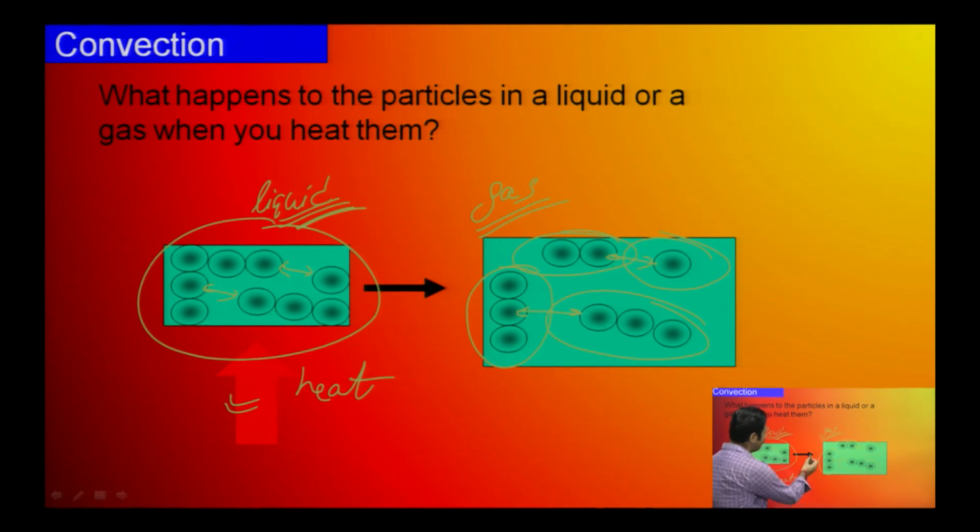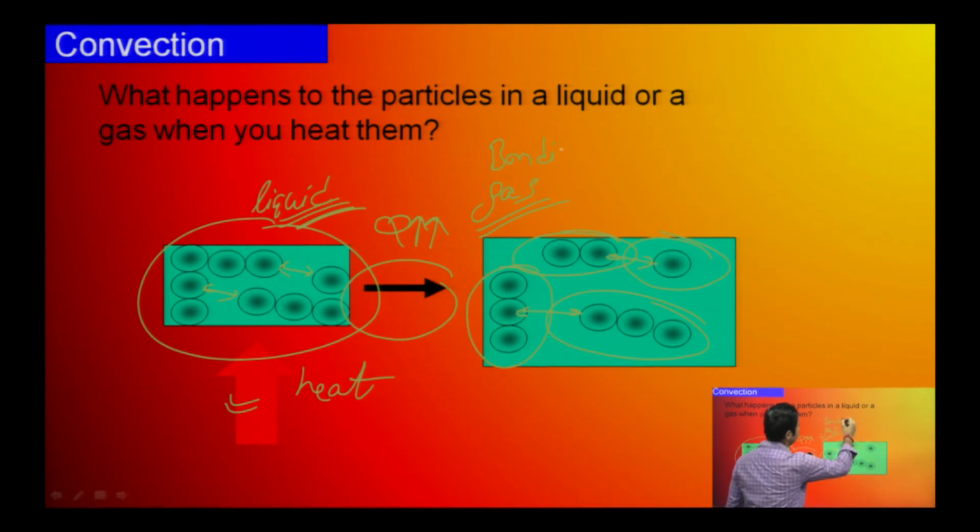Okay, so once you break those bonding forces, you are providing heat. Once you are breaking the bonding energies, now they are free to move, and once they are free to move within the boundary limits, the spacing increases. You can see the spacing has increased.